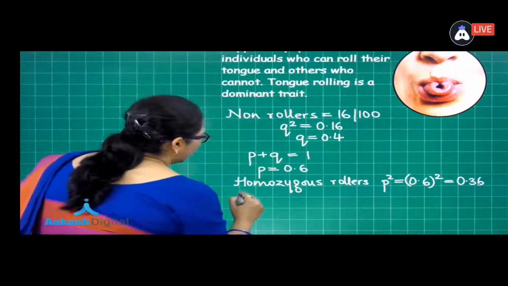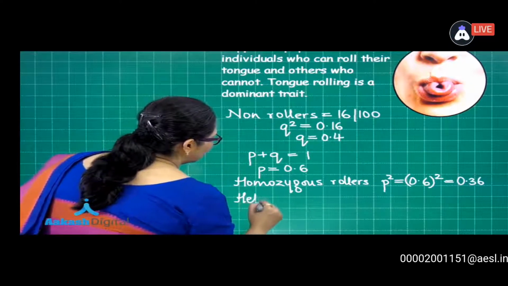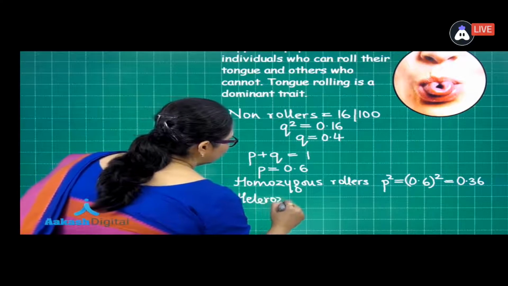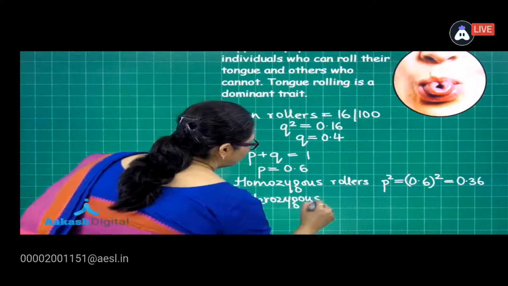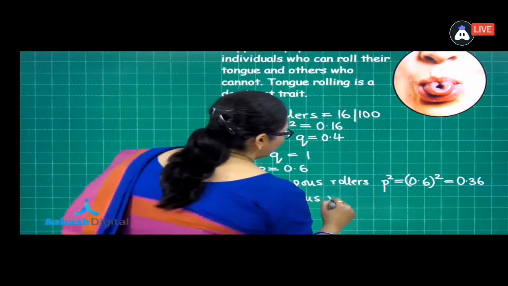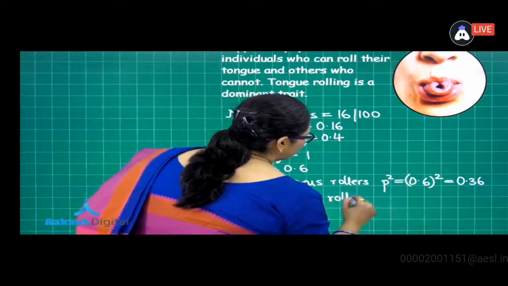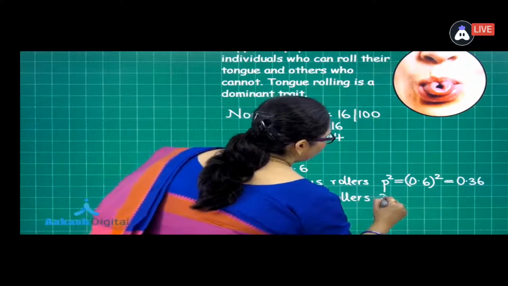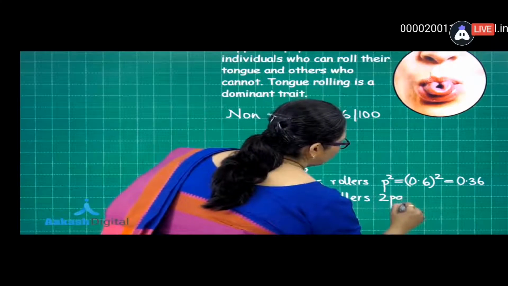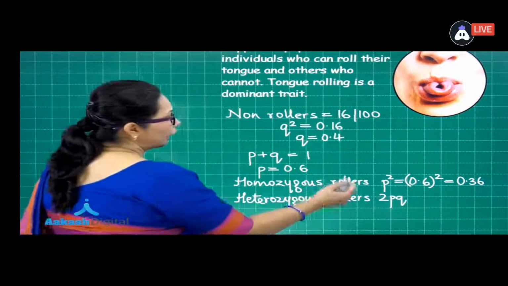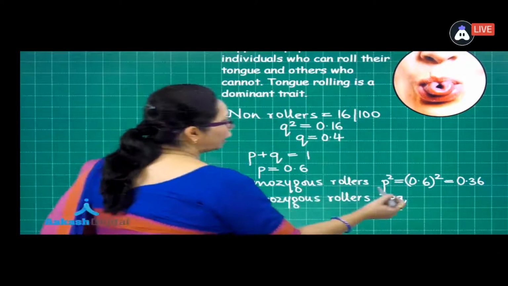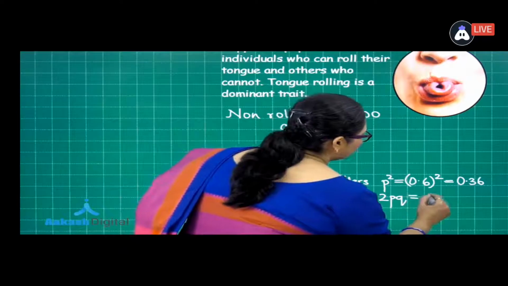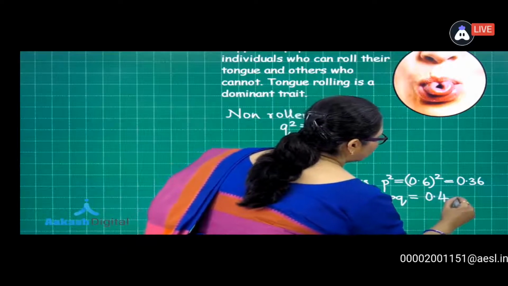And heterozygous rollers would be 2pq. Putting the values, p is 0.6, q is 0.4, into 2pq, this will give us 0.48.